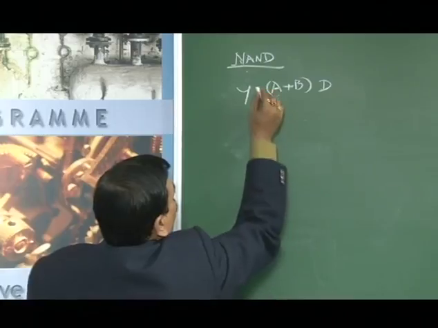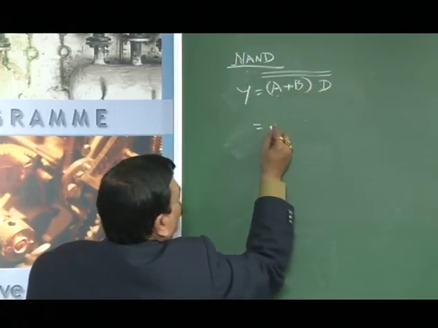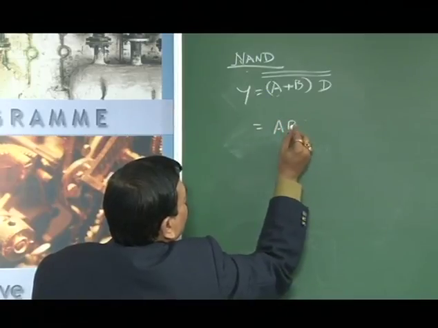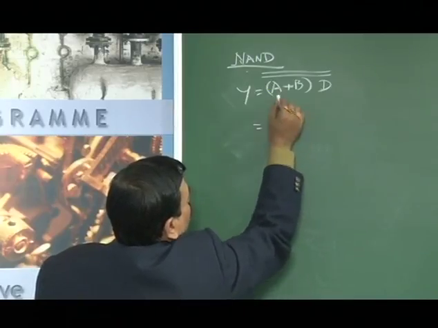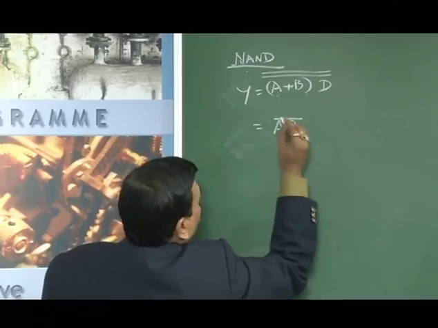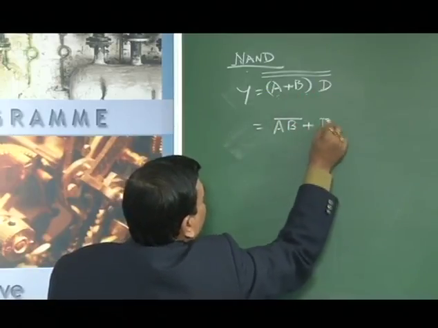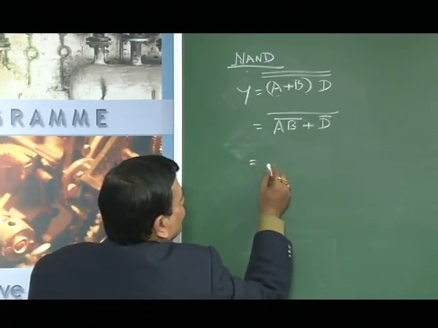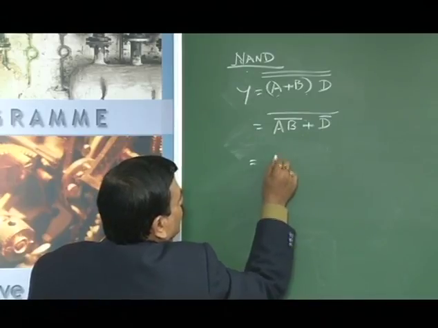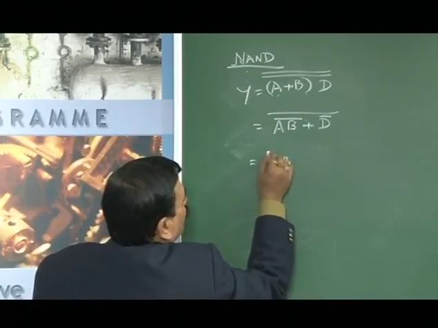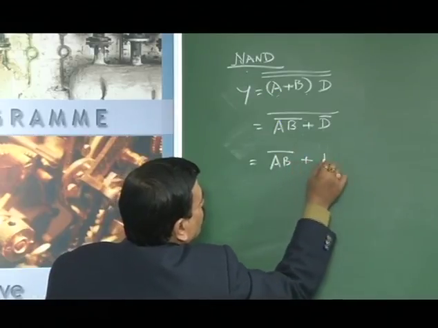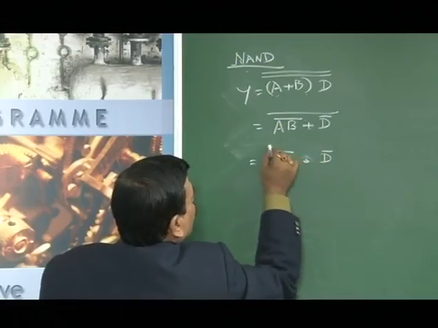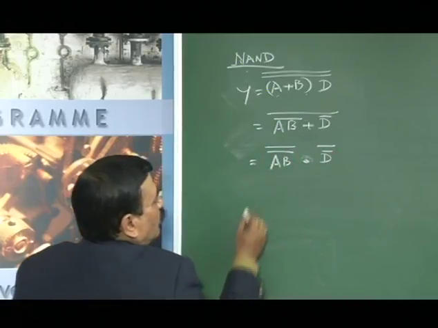Now here we make the double complement. If we cancel the first complement, this becomes A into B, this part A into B complement, plus this D complement, and the whole complement will be there. If we cancel this, automatically this becomes A B complement value plus D complement, and this dot is going to become dot, and this is double complemented and this is double complemented.